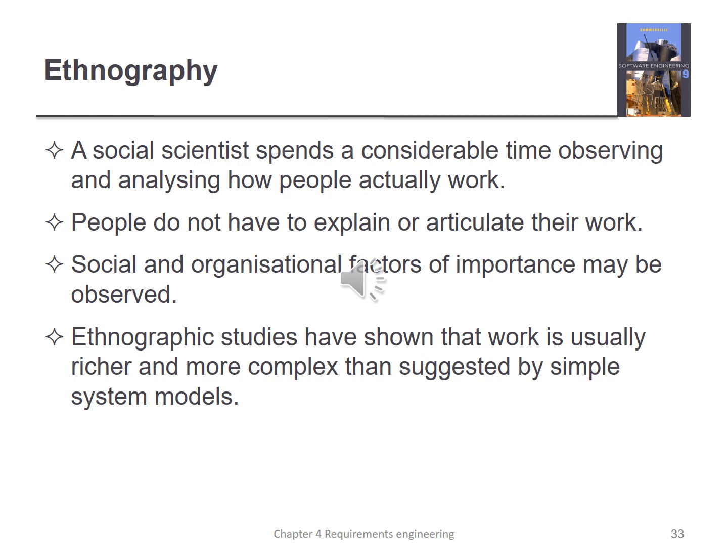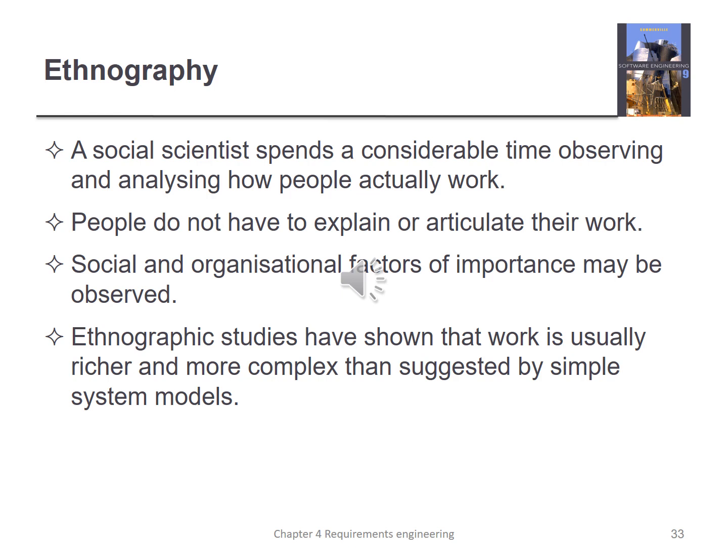They tell you here, a social scientist spends considerable time observing and analyzing how people actually work. People do not have to explain or articulate their work. Social and organizational factors of importance may be observed. Ethnographic studies have shown that work is usually richer and more complex than suggested by simple system models.